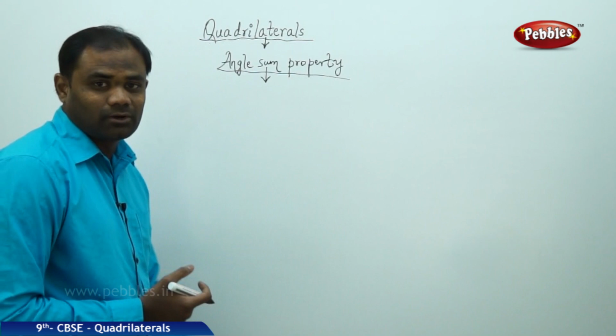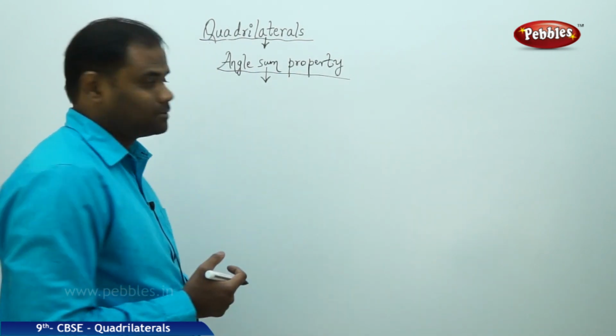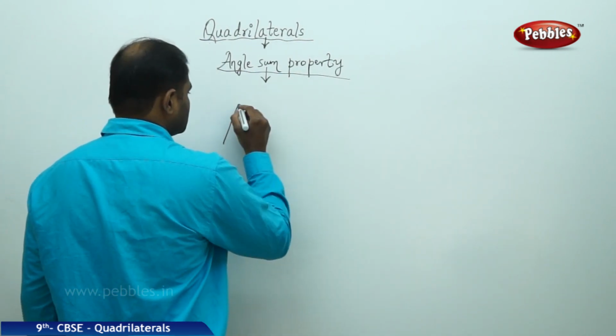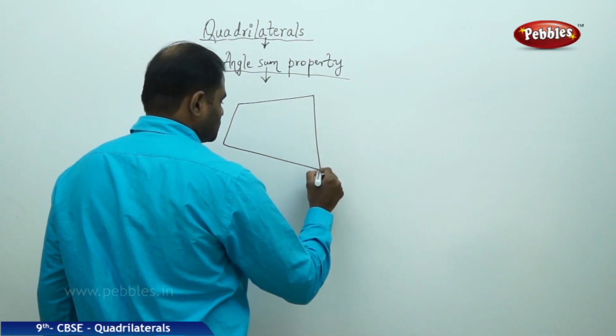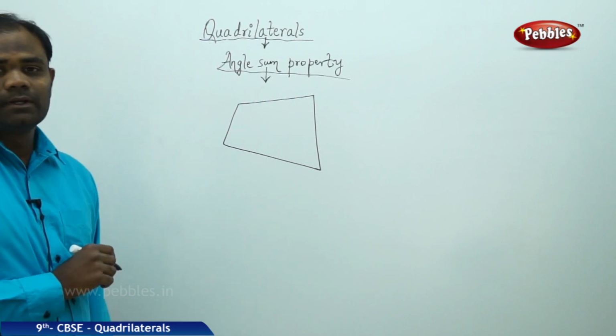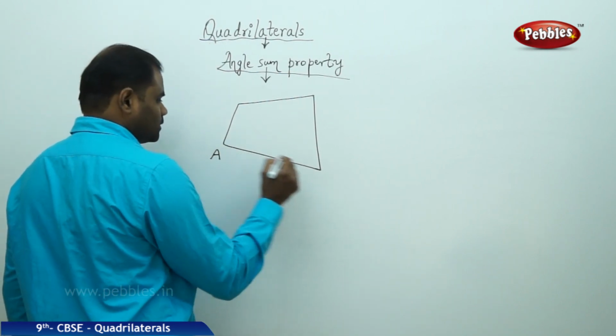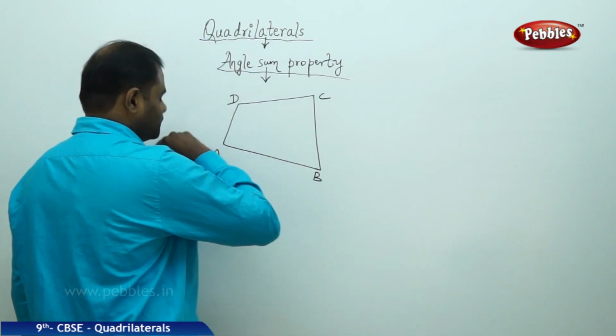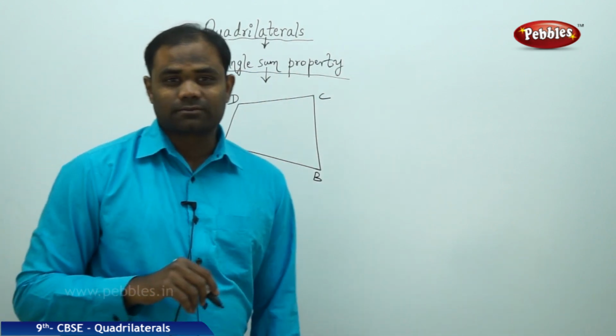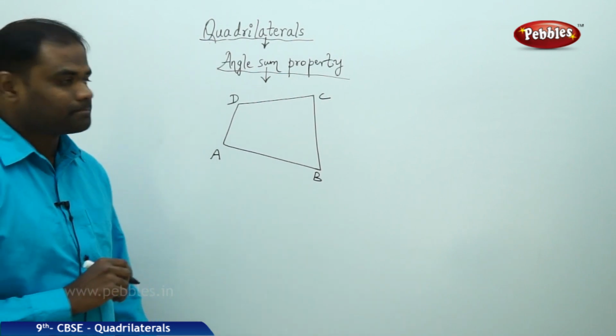So let's take a quadrilateral ABCD. So here I have A, B, C, D, which is a four-sided closed figure, a quadrilateral.